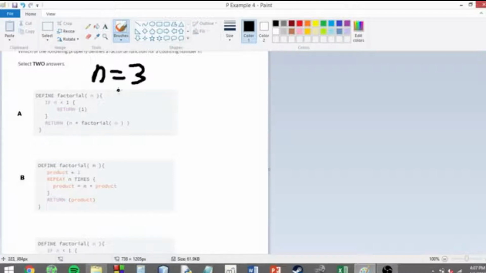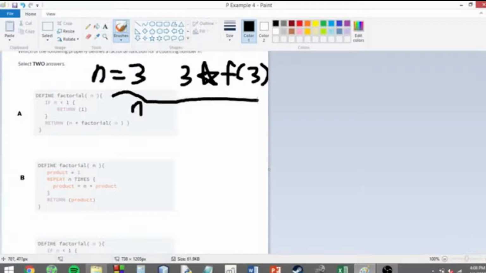Alright, so let's get started. If n is less than 1, it's not. So let's go ahead and return n, which is 3, times the factorial of n. Now, given that, we go into another function call where n equals 3.